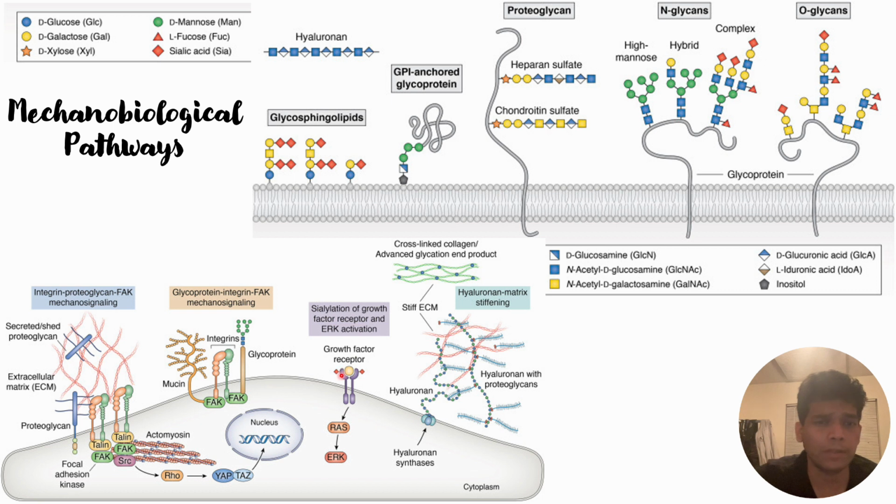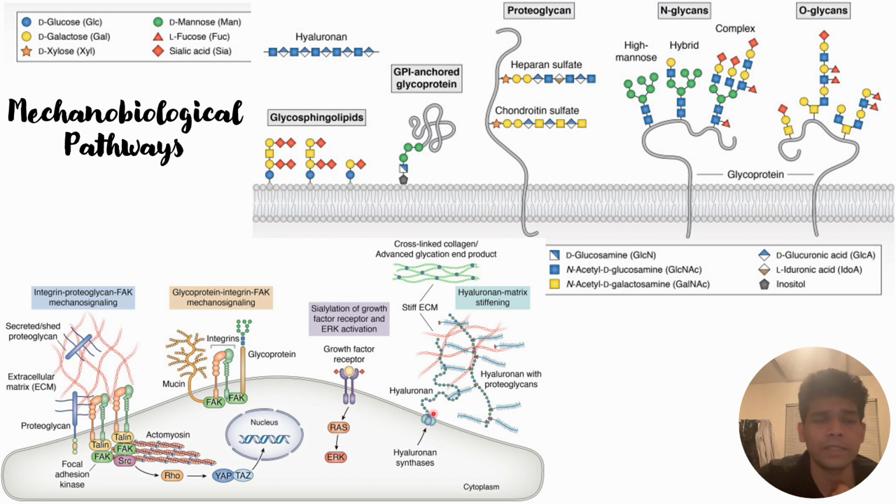So in this case also sialylation helps in the activation of this growth factor receptor that triggers mechanosignaling such as RAS ERK, and this is the combined effect of the glycans and the antigen that triggers RAS and ERK through the growth factor receptors.